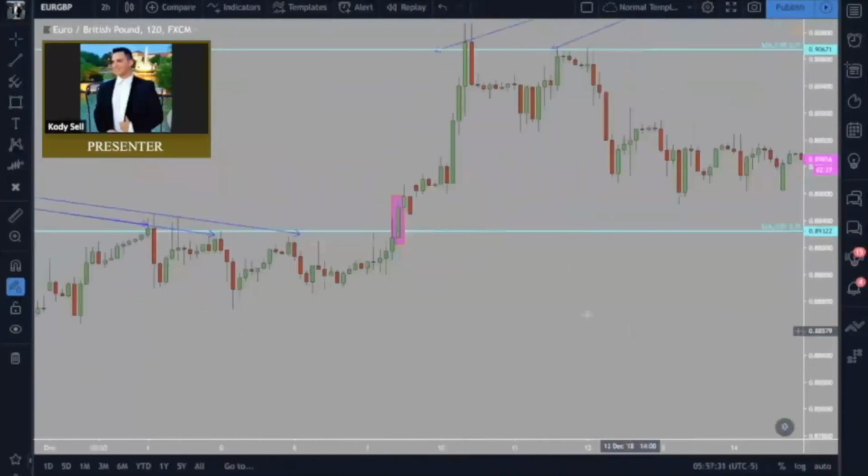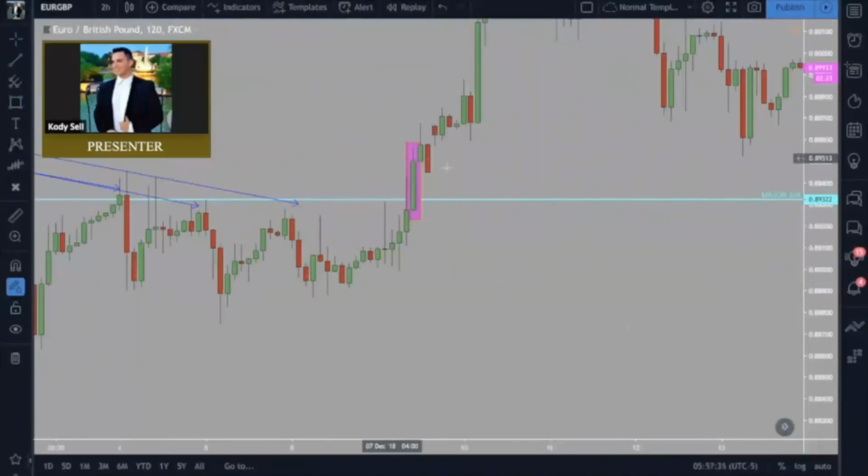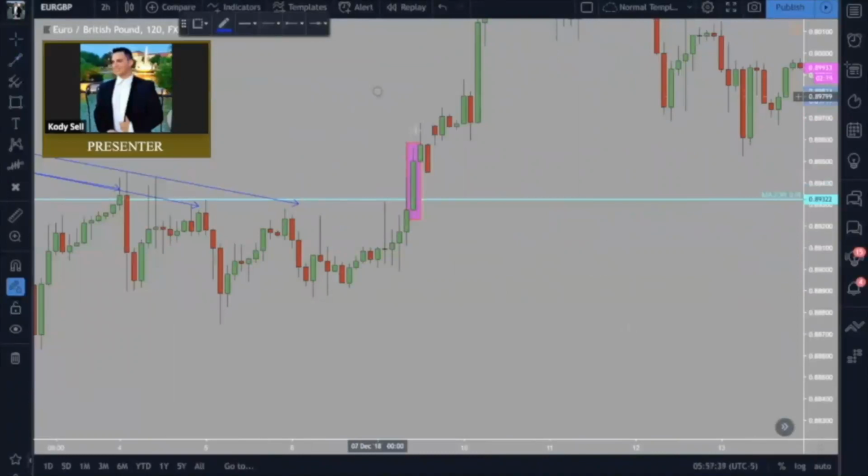So let's zoom real in here. Do you see the size of this candlestick compared to, say, this candlestick, or the candlestick next to it, or any of these candlesticks right off in here even? Okay, this was relatively a large candlestick.